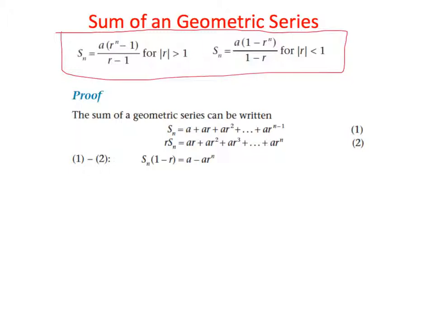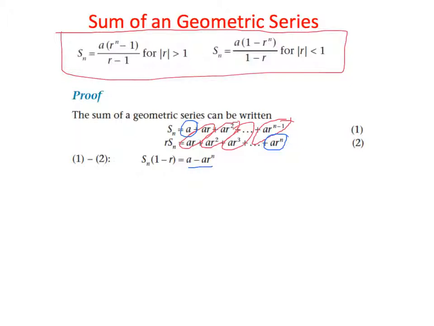You can see that AR minus AR is 0, and AR squared minus AR squared is 0. All the terms on the diagonals end up cancelling, and you're left with A minus AR to the n.